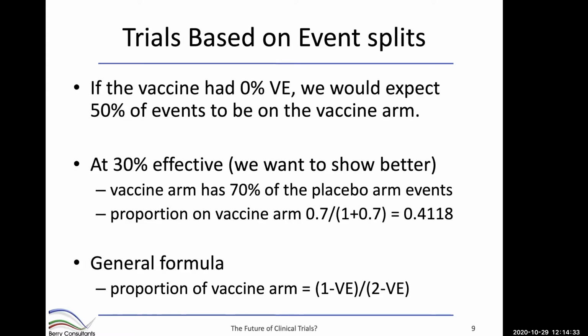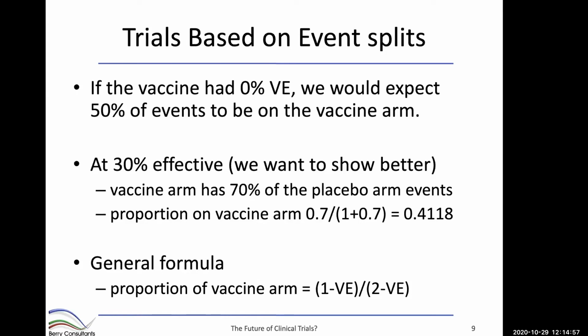You've got to show that you're better than 30. And ideally, you want 50, which is what the FDA is looking for, for example. But at 30% effective, we will have eliminated 30% of the infections on the vaccine arm. So the vaccine arm should have 70% of the placebo arm events.